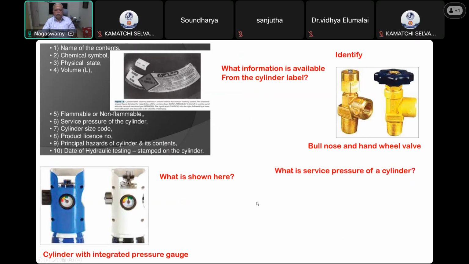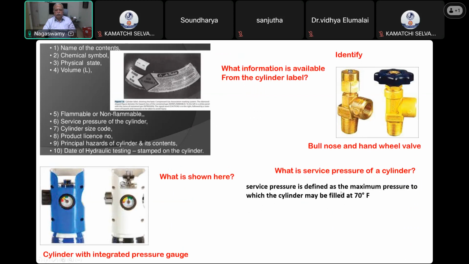What is the service pressure? This is a common question that will be asked if they ask you questions on cylinders. What is the service pressure of a cylinder? It is 2 times the filling pressure. Service pressure is defined as the maximum pressure to which the cylinder may be filled at 70 degrees Fahrenheit, not centigrade.